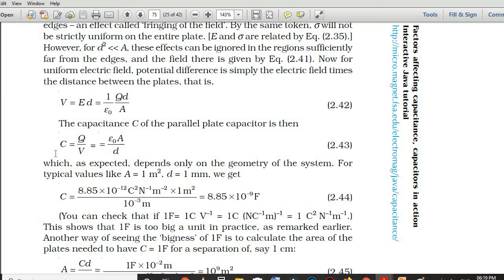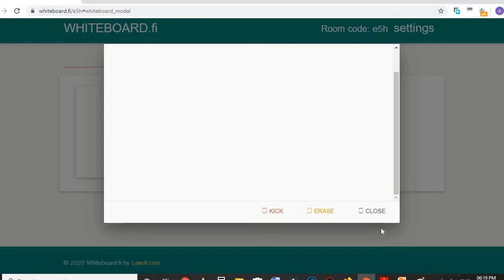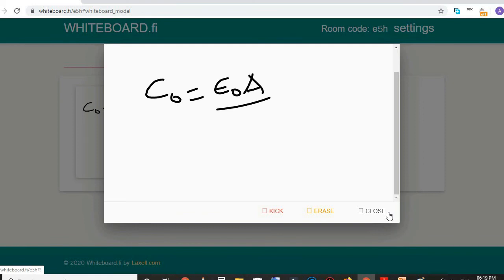C0 is equal to epsilon 0 A divided by D. And if there is a dielectric medium, C is equal to epsilon A divided by D. I will mention once more. If there is no dielectric medium, C0 is equal to epsilon 0 A divided by D. And if there is a medium, C is equal to epsilon A divided by D.